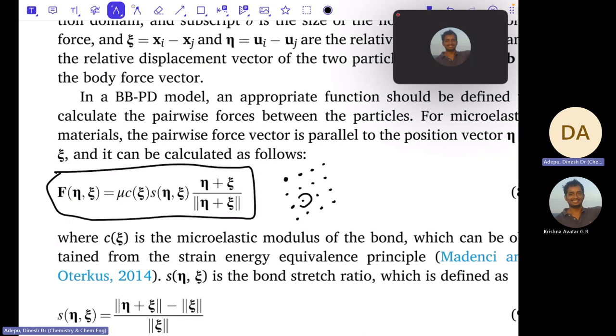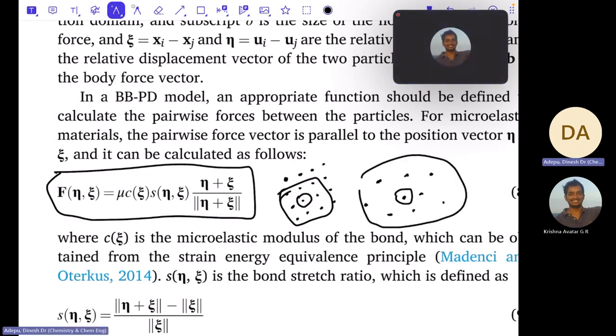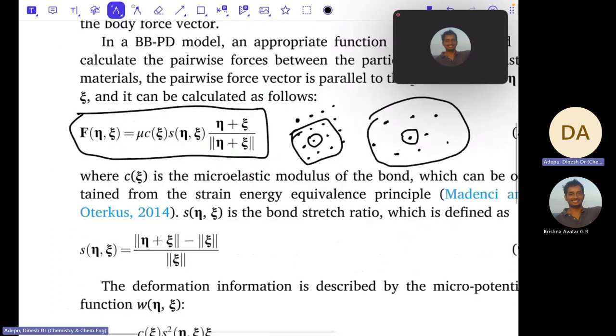After the deformation, let's say we take these 9 points, and it becomes something like this. We're trying to find the force on this particle. These are the neighborhoods of the particle. Initially, the zeta here, this S which you wrote, is computed like this.